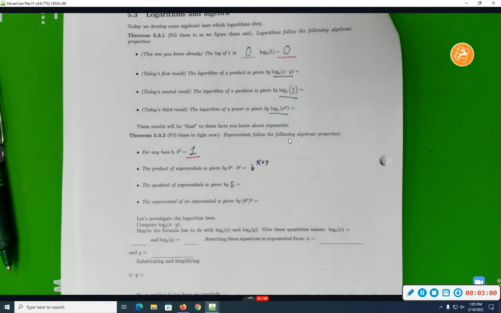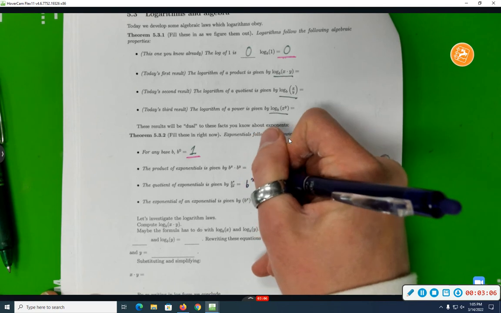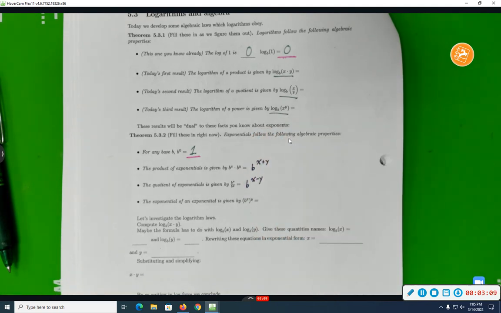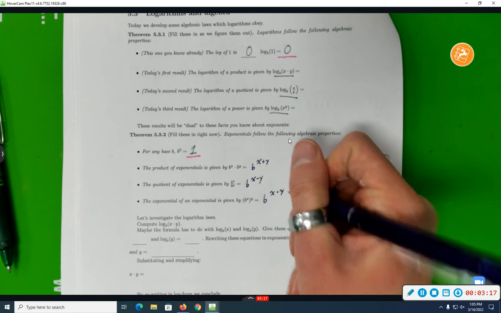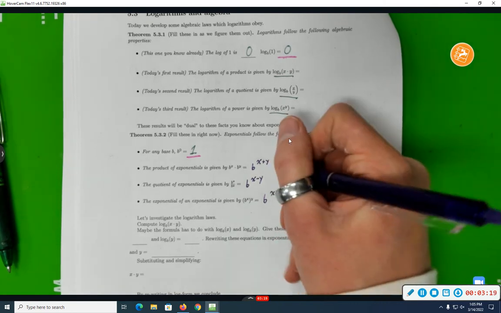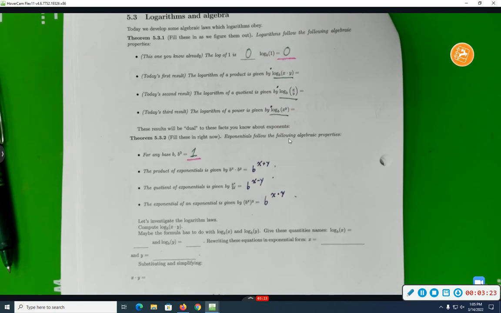If you like, a bunch of the powers of b will cancel. And what is b to the x to the y? So each of these three rules will give us something in the language of those rules. And we'll see exactly what they are.